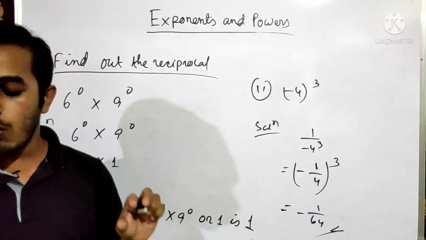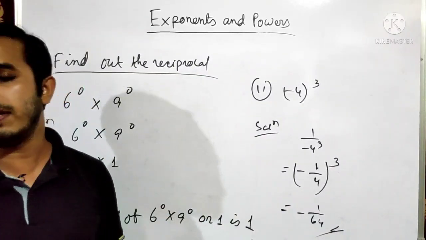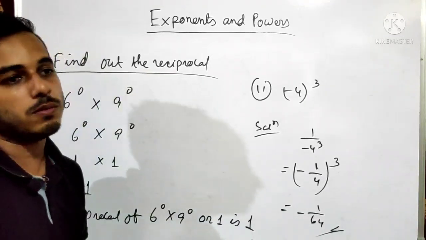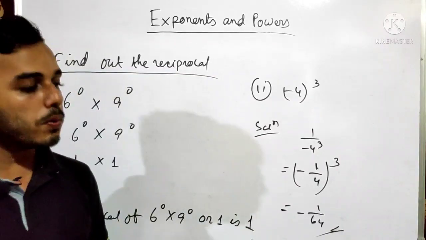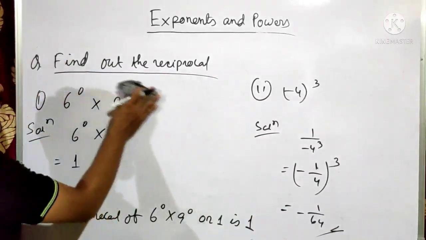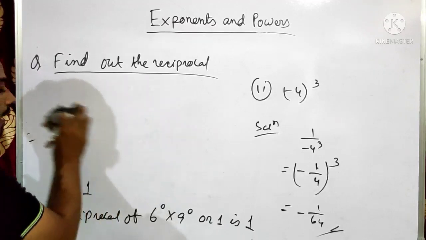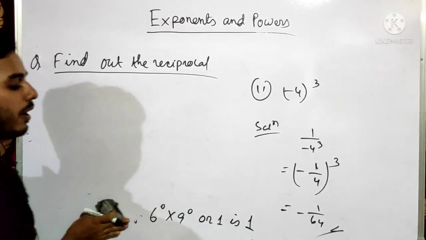Now we will move towards the last concept of this chapter, exponents and powers, and the concept is the standard form of a number. So what was the standard form of a number? Standard form or scientific notation is when we express a number in a into 10 to the power n form.